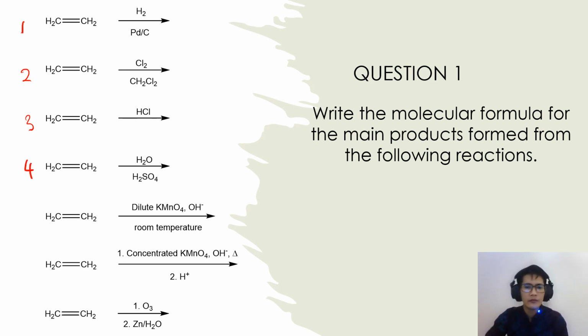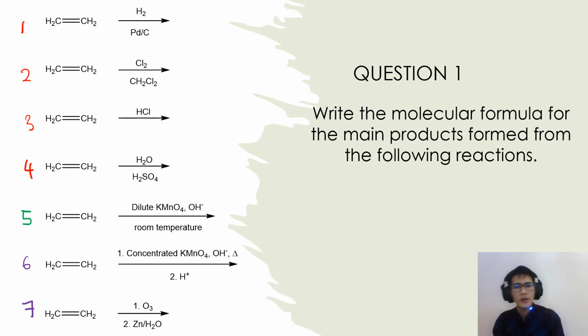Reaction number 5 actually is the addition as well as the oxidation reaction. It is both. And reaction number 6 and 7 are the oxidative cleavage reactions, which involve the bond breakage between the C double bond C.